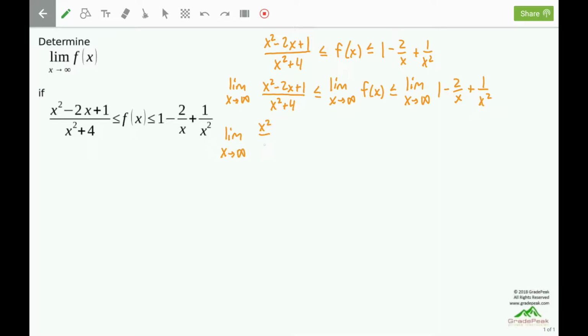So we'll divide each term in the numerator by x squared, and each term in the denominator also by x squared. The middle limit is the one we want to determine, so we will leave it as is.